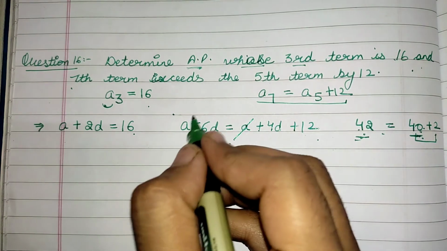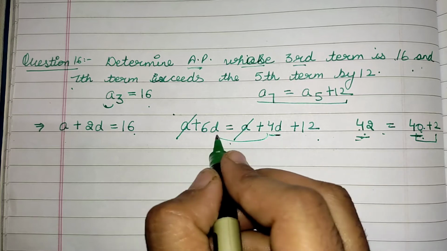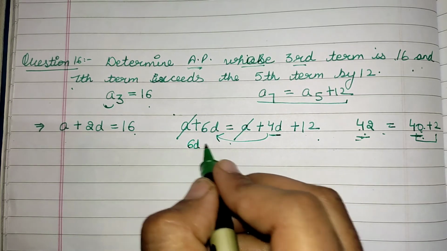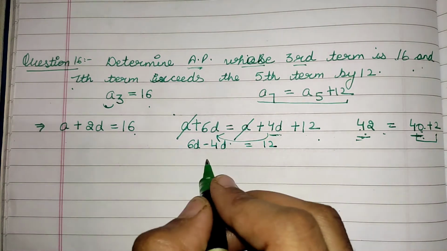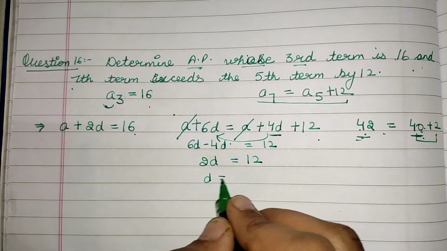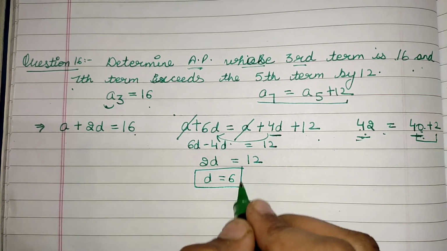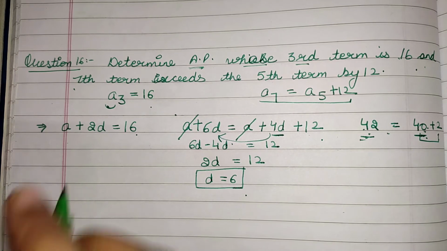A and A get cancelled out. When the plus 4D goes to the left hand side, it becomes 6D minus 4D is equal to 12. So 2D is equal to 12, and D will be equal to 6. After solving, I get D is equal to 6.